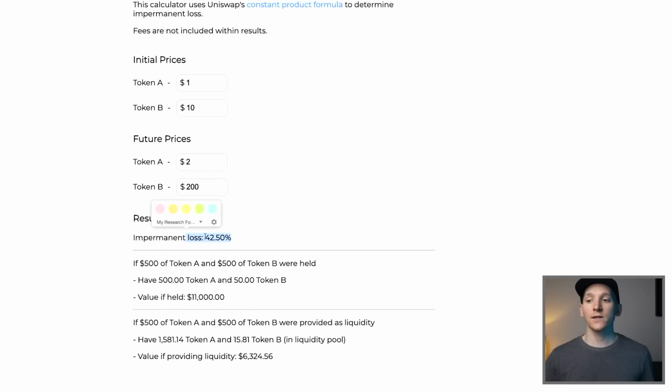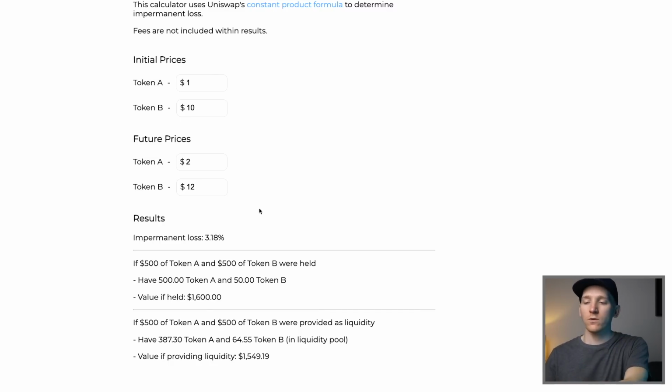You can see you'd actually lose 42.5% when you take your tokens out versus just holding them and not putting them in the pool. So that's not good. You would have to make at least 42.5% in the trading fees to actually make up for this impermanent loss. But if it only changes from 10 to say 12, you only make a 3% impermanent loss. And so you would think that you would actually make more in trading fees.